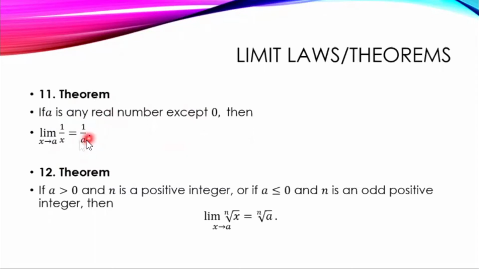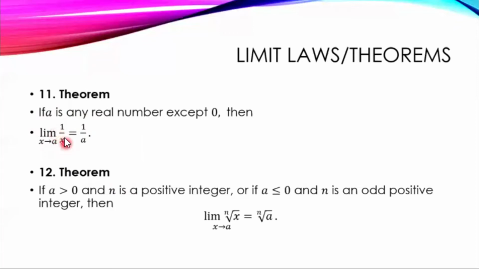We can consider 1 over x as the quotient of a constant function and the identity function. By applying the limit theorem for the quotient of two functions, we have the limit of the numerator, constant 1, over the limit of the denominator as x approaches a.